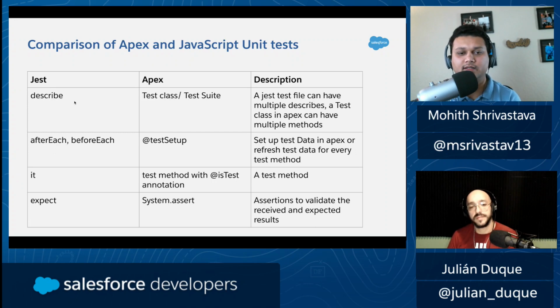You can see that describe is a test class. AfterEach and beforeEach are almost like a test setup. The it in a Jest test is very similar to a test method. The matchers in Jest with expect are very similar to System.assert functions.